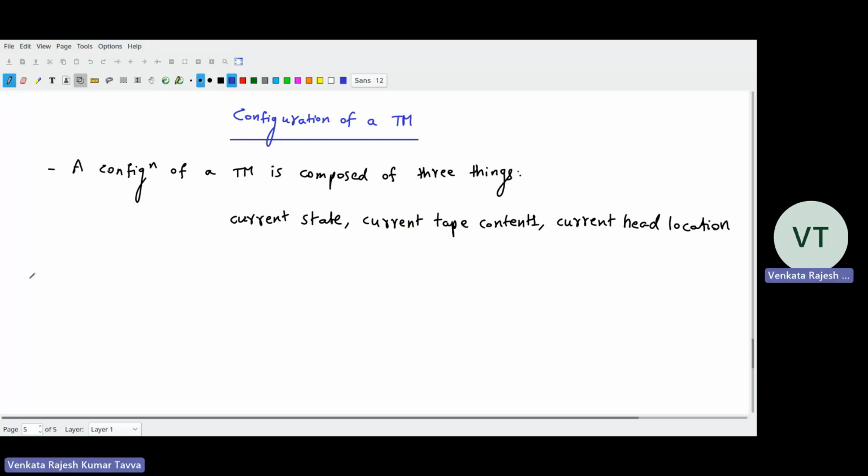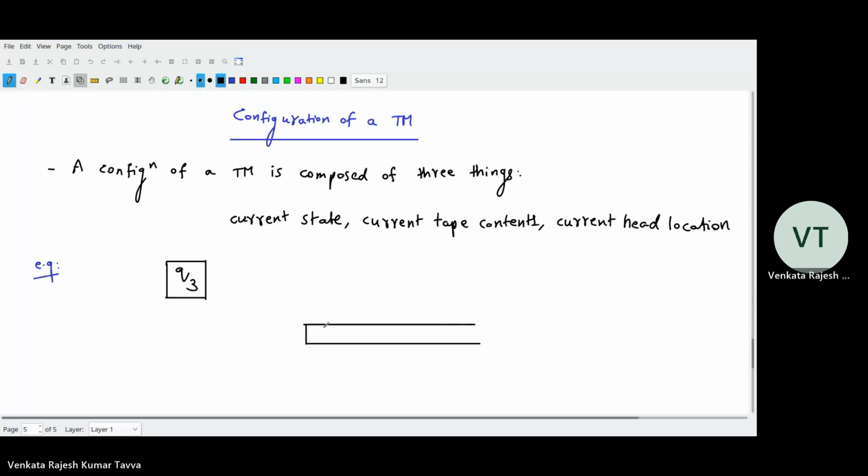So let's try to understand it visually. Imagine you have a Turing machine in some state, say Q3. And you have an input tape with the symbols, say, 1, 0, 1, 1, 0, 1, followed by blank symbols.